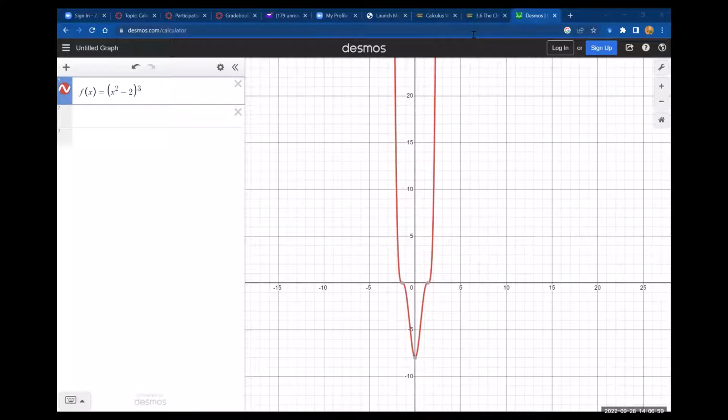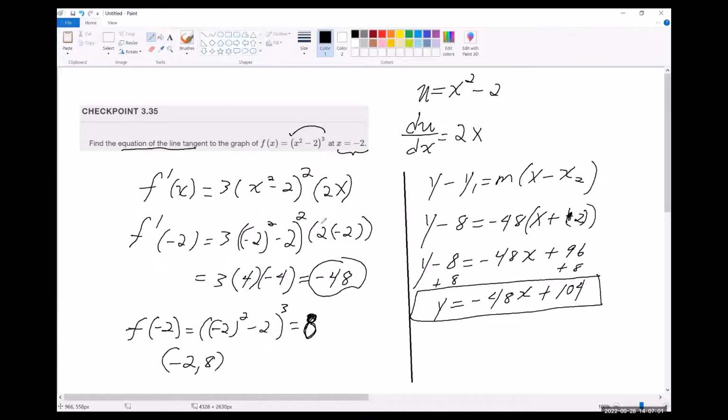And let me go back to the paint. So it might be helpful to write this function. I don't know if it'll accept the G, but let's just remember minus 48x plus 104. That's the important part. Minus 48x plus 104.